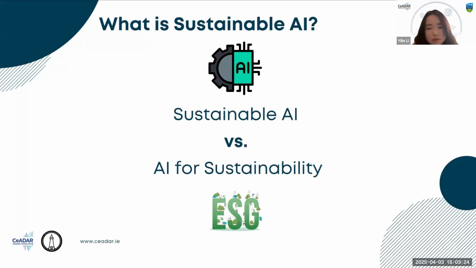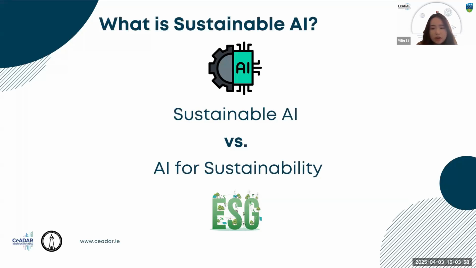Before we go any further, it is important to clarify what we mean by sustainable AI and how it's different from another popular term, AI for sustainability. You might hear these two used in similar contexts, but they focus on very different goals. Sustainable AI means making AI itself more environmentally responsible by reducing the energy and carbon footprint of AI models, especially large ones like large language models.